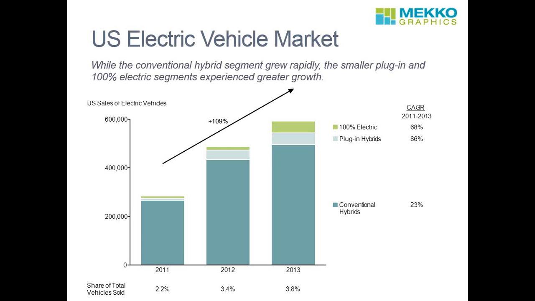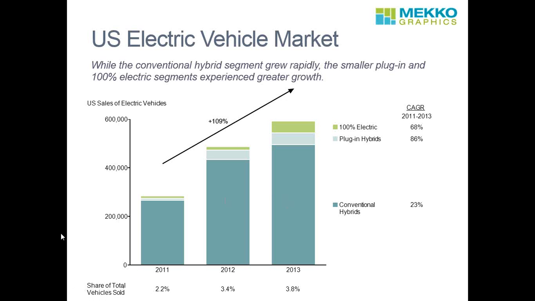So over time, the dominance of Toyota based on its conventional hybrid might fall to a company like Tesla, which is a larger player in the 100% electric market, as that chunk of the market is growing faster than the conventional hybrids. So use 100% stacked bar, use the CAGR column.